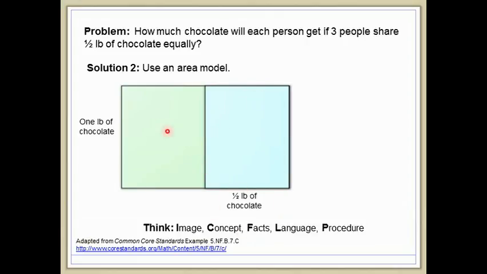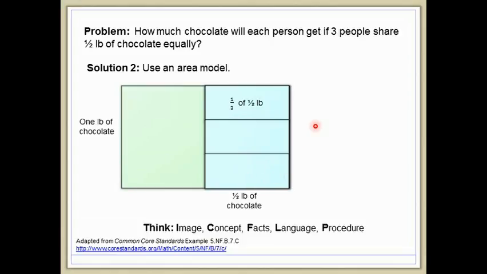This is the amount of chocolate that we have to divide up between our 3 people. If we want each person to get an equal share, we'll divide this 1/2 pound into 3 equal parts, and we can see visually that each person will get 1/3 of the 1/2 pound.